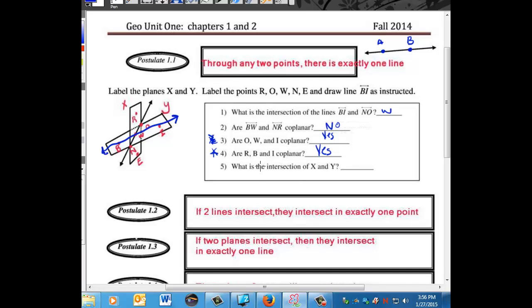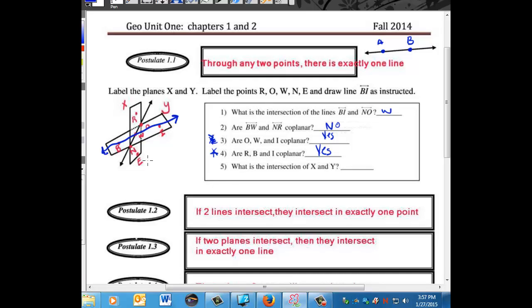Number 5, what is the intersection of plane X and plane Y? Now first, you might be thinking, what is the intersection of point X and point Y? But these aren't points, because 2 points can't intersect, they would be the same point on top of each other. So this is referring to plane X and plane Y. And two planes always intersect in a line.